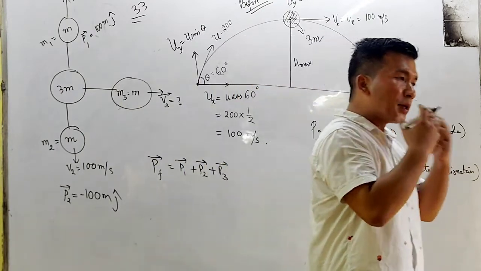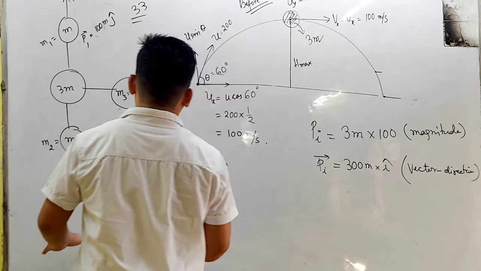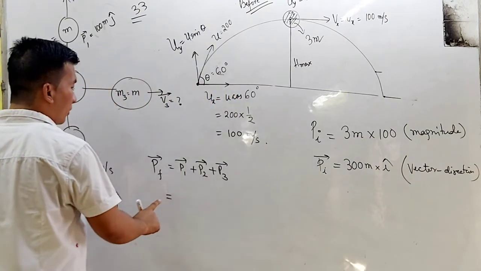All the three pieces are moving with some velocity v1, v2, v3. There will be three different momenta, and the sum of all the momenta will be p1 plus p2 plus p3.